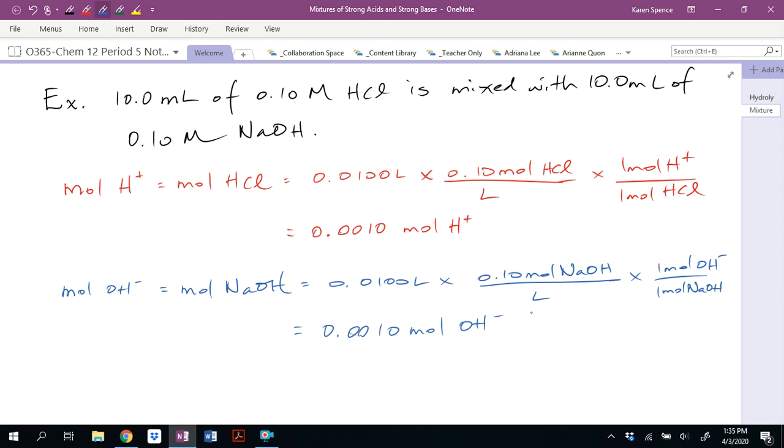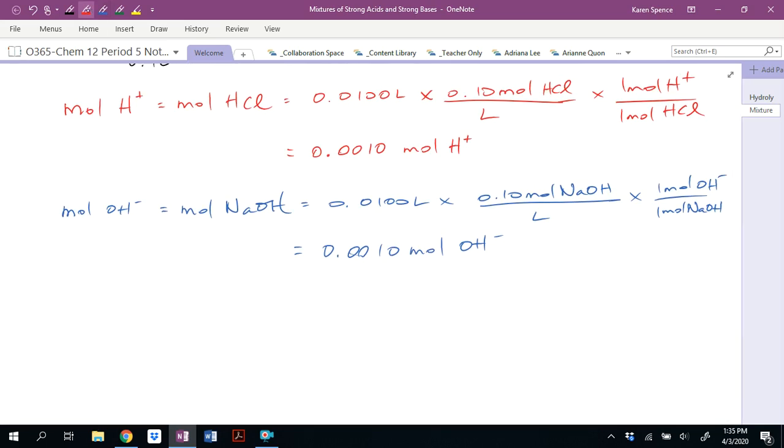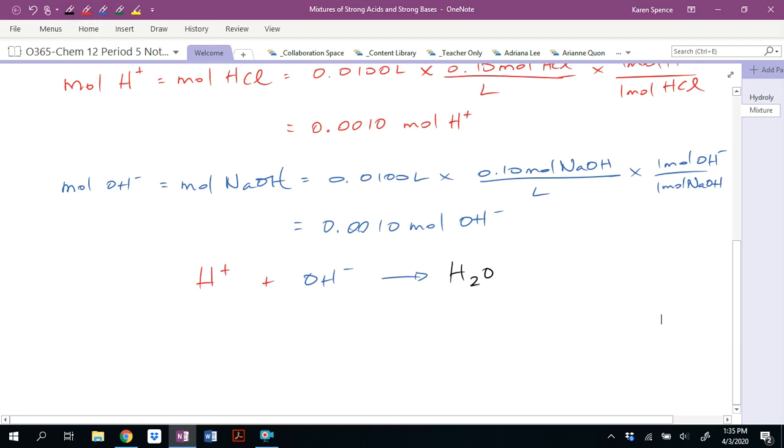And if they are identical, then when you have the reaction between the H plus and the OH minus, and we get our H2O, we're going to do something that's a little bit like a race table, but it's not going to be a race table.